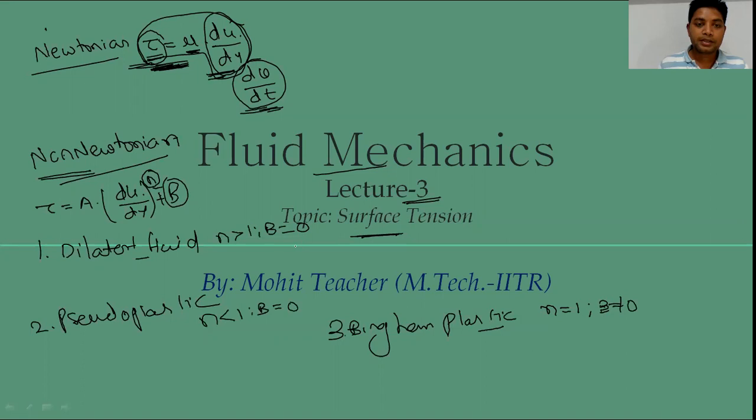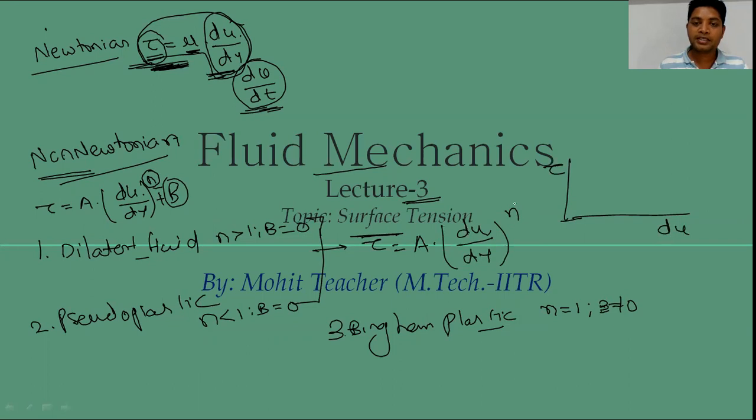For the first two fluids, the equation will be tau equals a into (du by dy) raised to n.